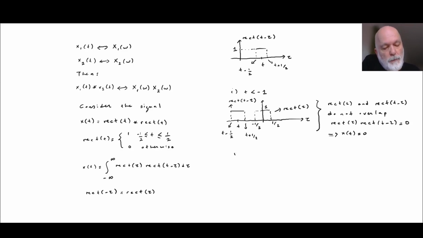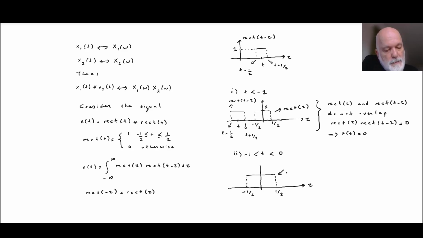Okay, for t now greater than minus 1 and less than 0, we have the following graphical representation. So this is tau. Okay, let me draw a larger one. This is minus 1/2 and 1/2.